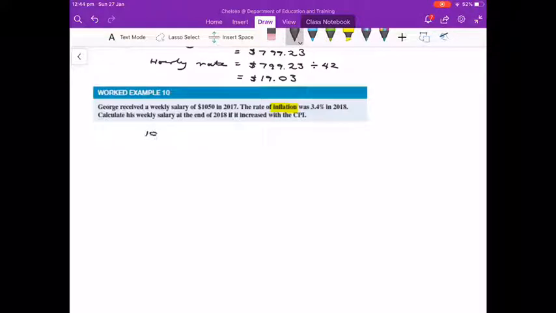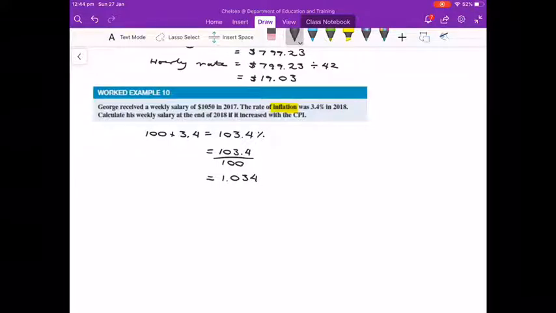Now because we are increasing, we're adding that 3.4% on, which would give us 103.4%. We need to convert that to a decimal by dividing by 100. We get 1.034. Similar to before, we multiply that by the original amount.